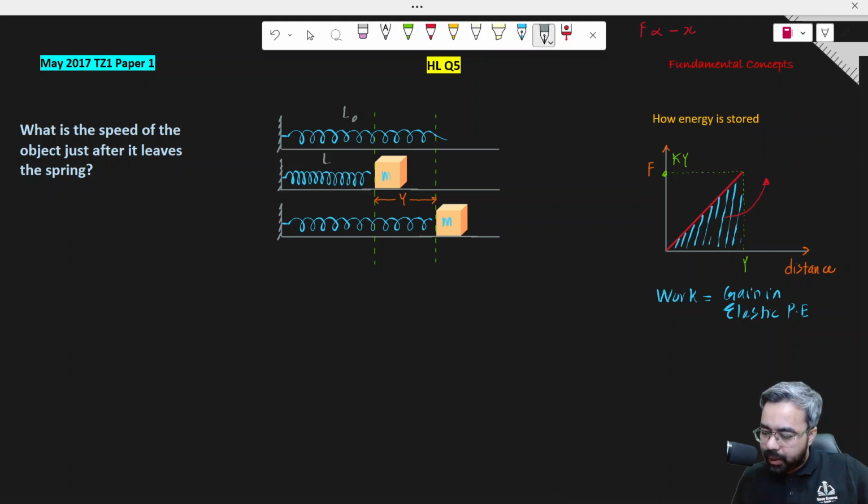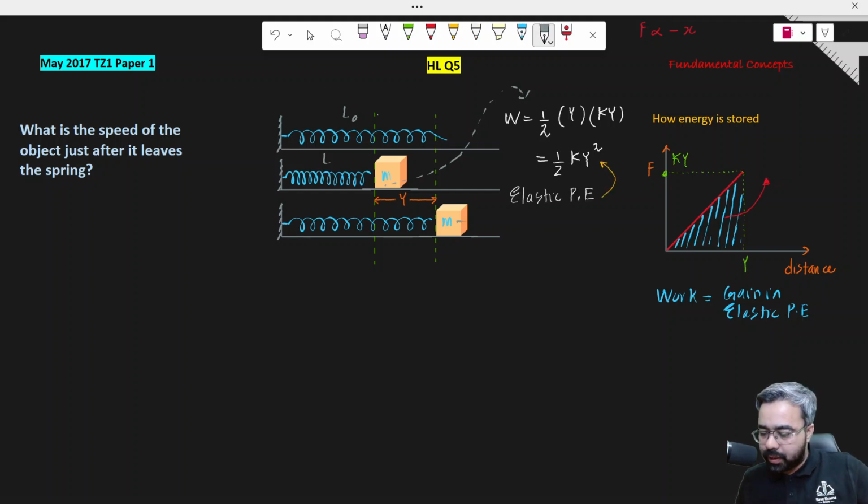So right at this position, the spring has the maximum energy stored, which is obviously coming from the work done. So that work done is equal to one half of the base and the height of the triangle. So what you get is 1/2 ky squared. So this is the total elastic potential energy stored.